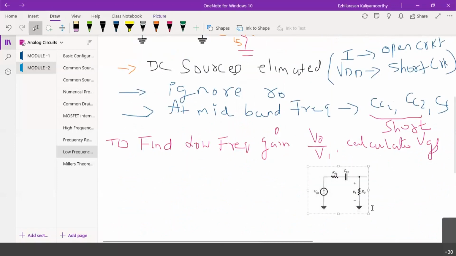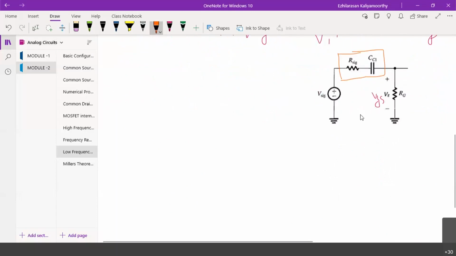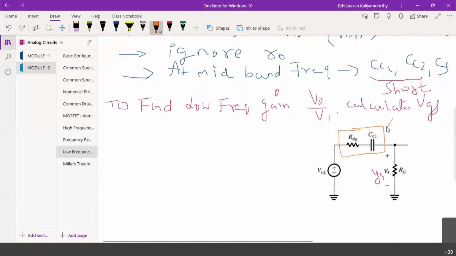See now here, this is VGS actually, okay? Now we have to calculate VGS. Now here, one more thing, very, very important. Along with the resistance, the capacitor is also there, so it's an impedance actually. Keep it in mind because both are there, right?